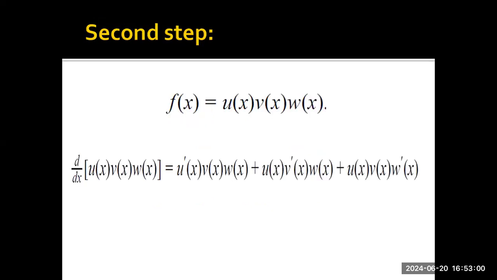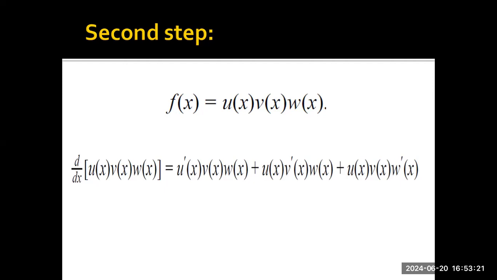This is the second step. So to differentiate our given function, we need to use this formula. F of x equals u of x times v of x times w of x.